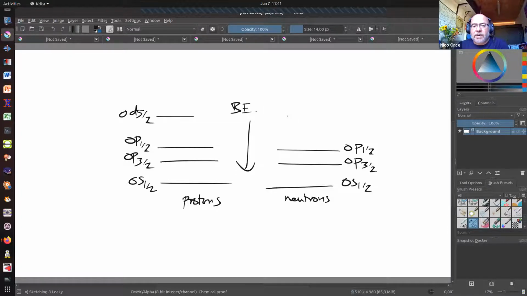Well, let's get it there. Right. So then we start adding guys here. 1, 2, 1, 2, 3, 4. But we are trying to do nitrogen 15, which has 7 and 8, right?